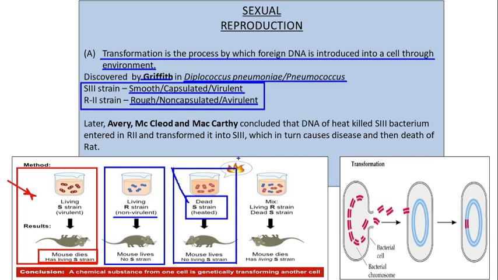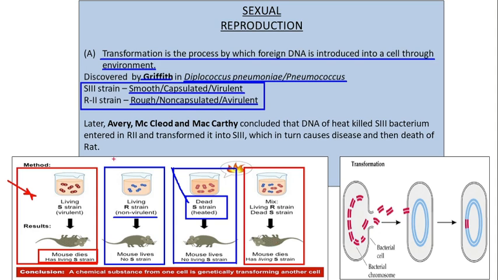But in another case he observed that when the mice were injected with R strain and dead S strain, the mice were again dead. Can you figure out the reason? R strain is avirulent, it is not at all problematic. Dead S strain is also not problematic, because the mouse was alive initially. So why then in this case was the mouse dead?